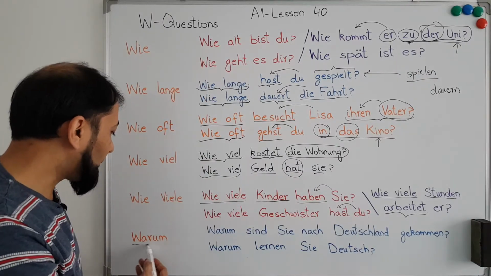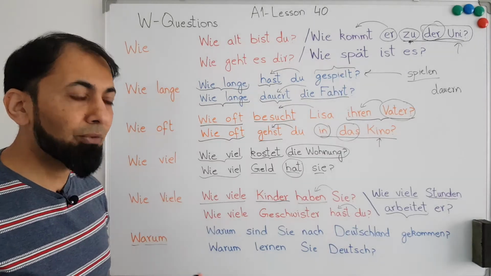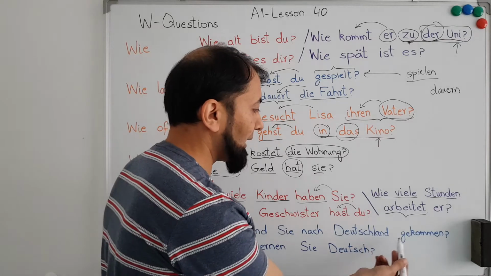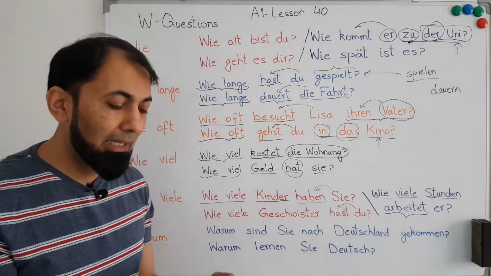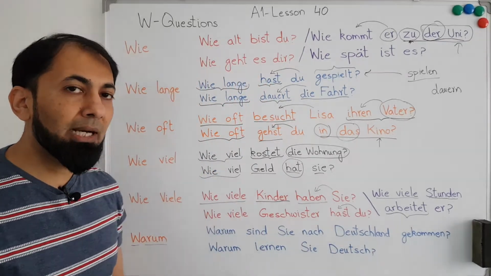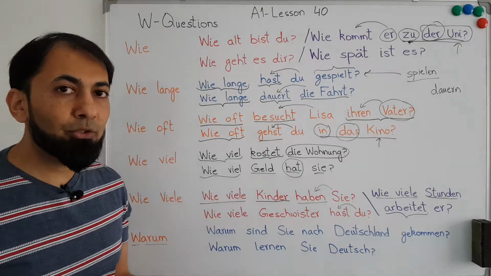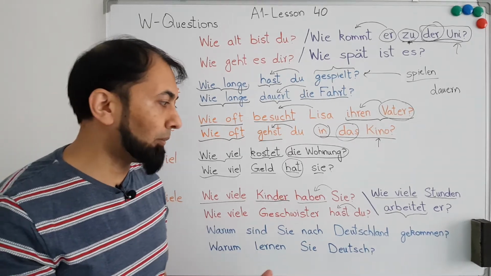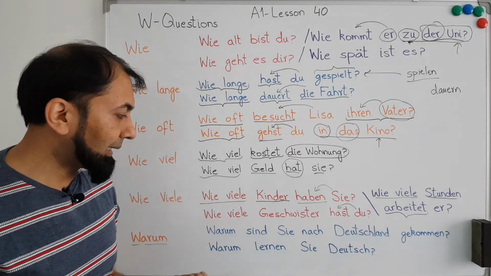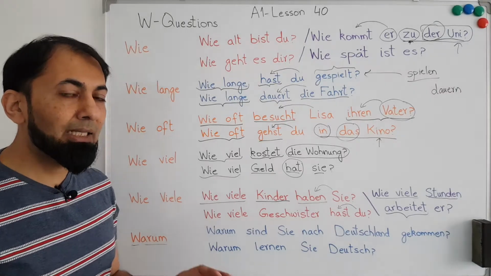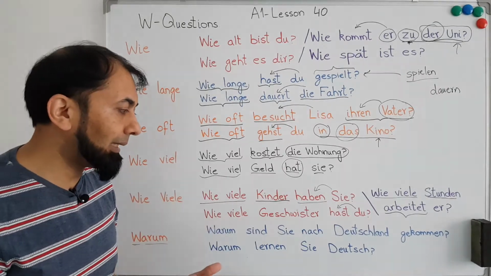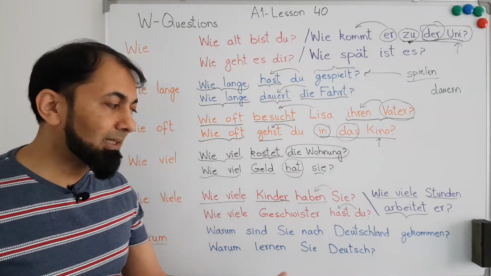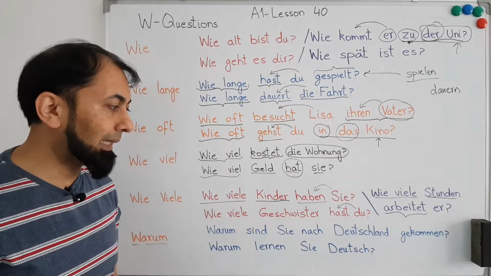Next is warum. Warum means why. Warum sind Sie nach Deutschland gekommen? It's the most frequently asked question when you arrive in Germany. Everybody will like to know warum sind Sie nach Deutschland gekommen? It's a perfect tense where we conjugate sein or haben depending on certain criteria, and one of the criteria is whether there is a movement in the sentence or not.